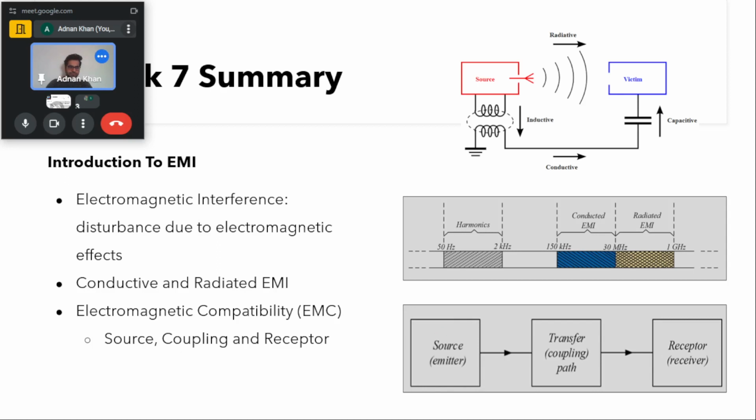Now, there's another term called electromagnetic compatibility, that is EMC, where we see whether our converter is electromagnetic compatible or not. There is a certain limit provided for every converter, and certain standards which we have to meet, and we have to keep our EMI below that.